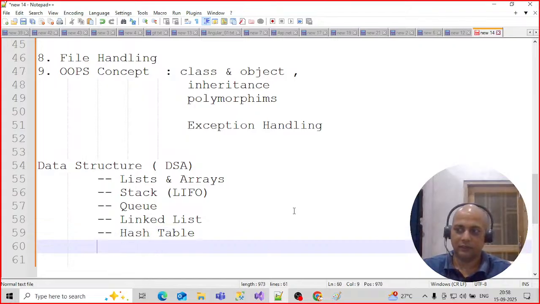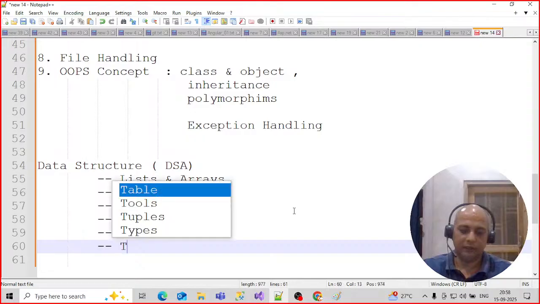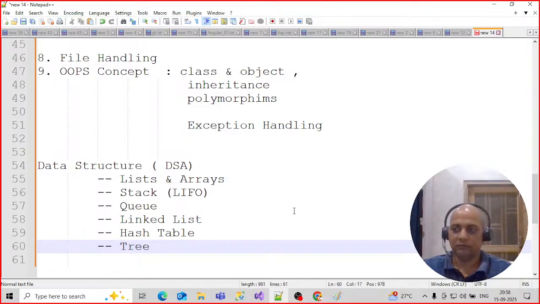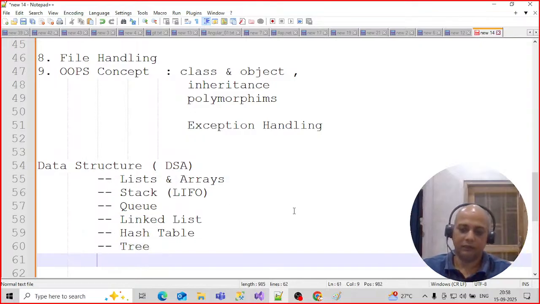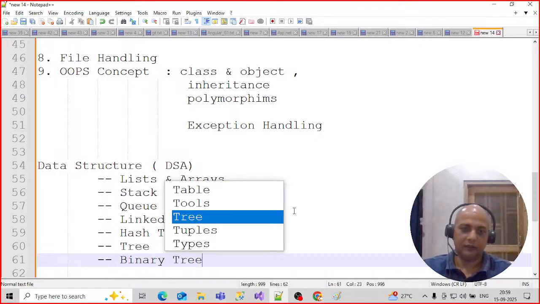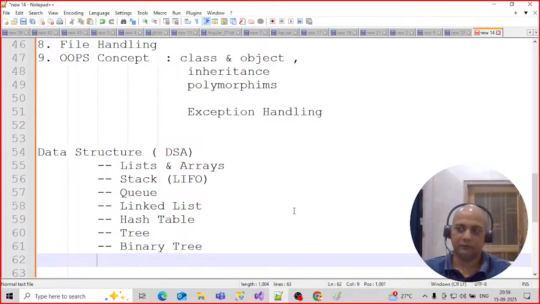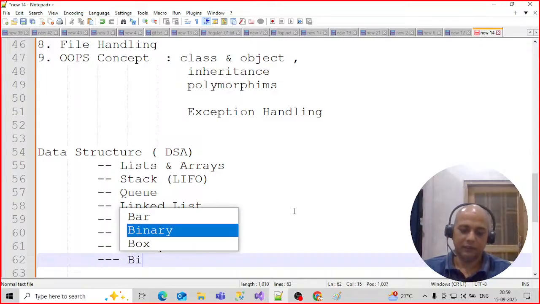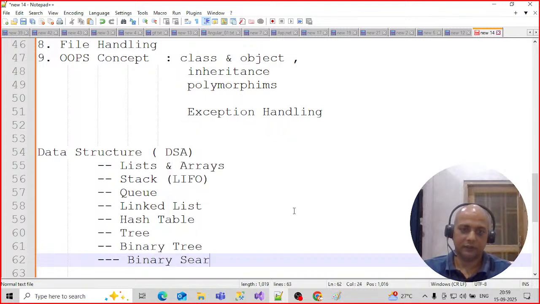Then we have tree, right? We have binary tree, and we have binary search tree. This is also called BST.